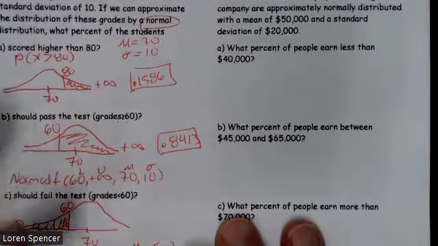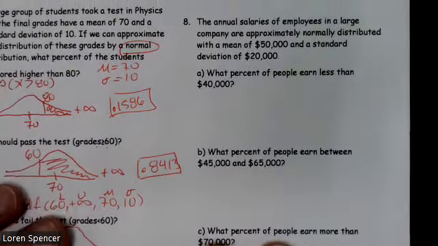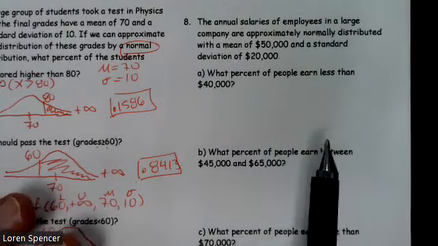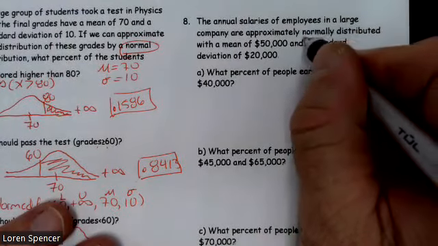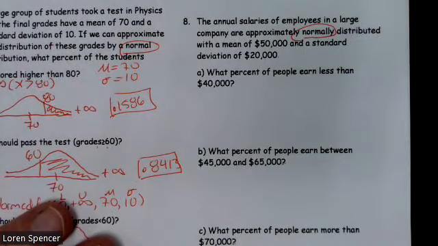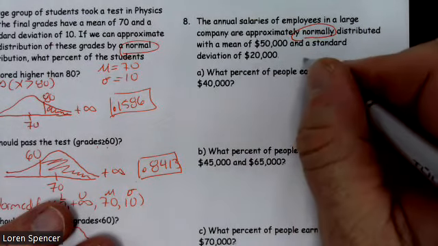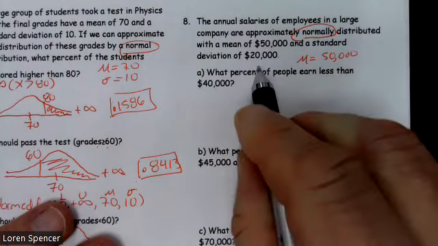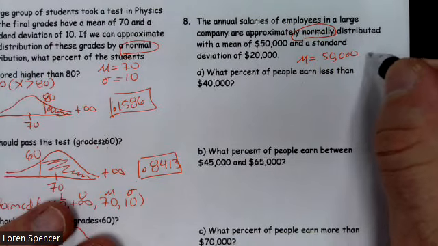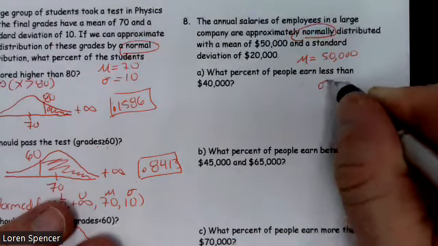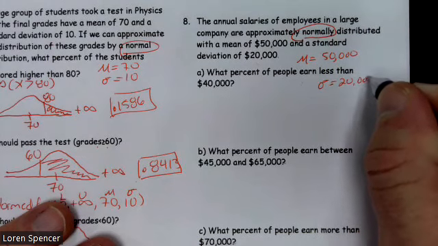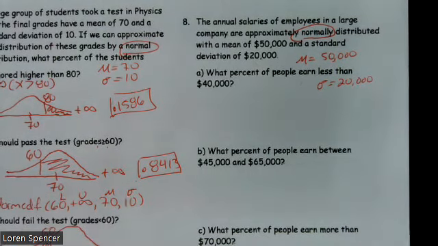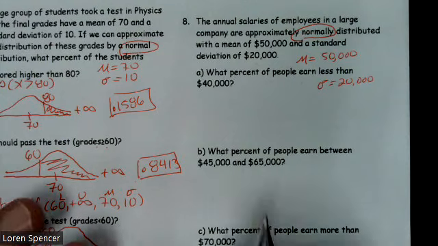All right, number 8. The annual salaries of employees in a large company is approximately normally distributed. So they're telling us we can use a normal with a mean of 50,000 and a standard deviation of 20,000. What percent of people earn less than 40,000?